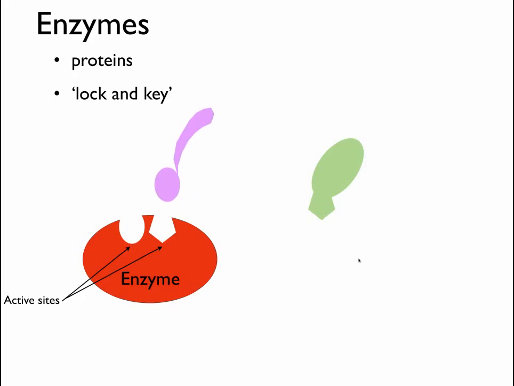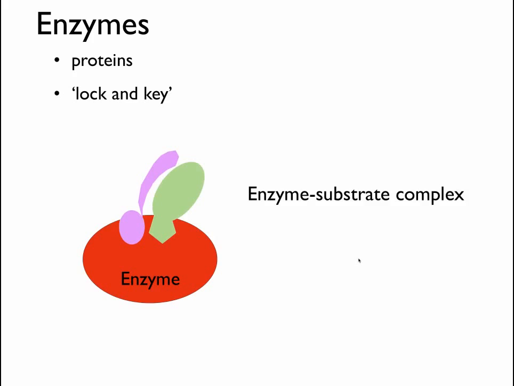So as you can see, we're going to have the purple substrate move in, and then the green substrate move in as well. And we call this the enzyme substrate complex, because we've got the enzyme and the substrate together, and they fit nicely in this lock and key model.